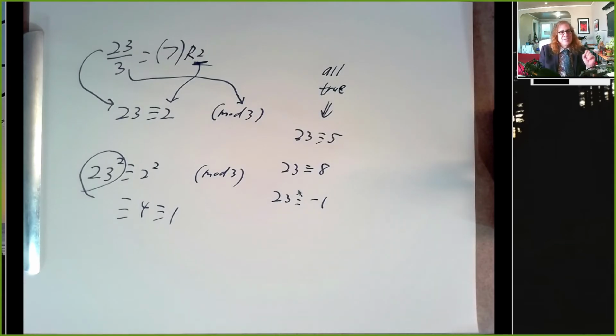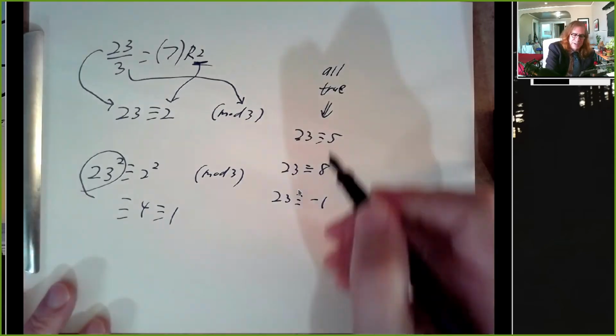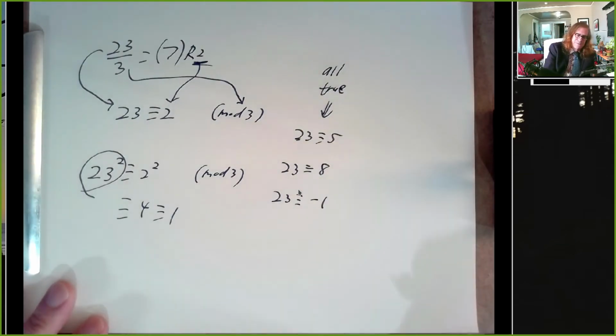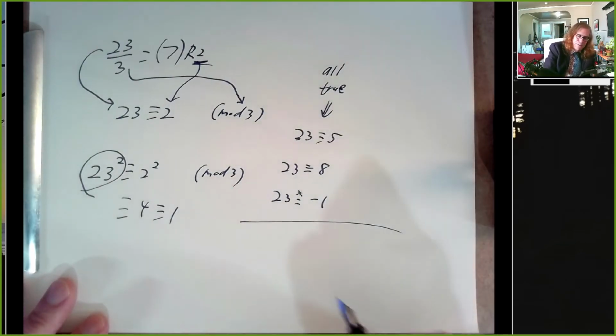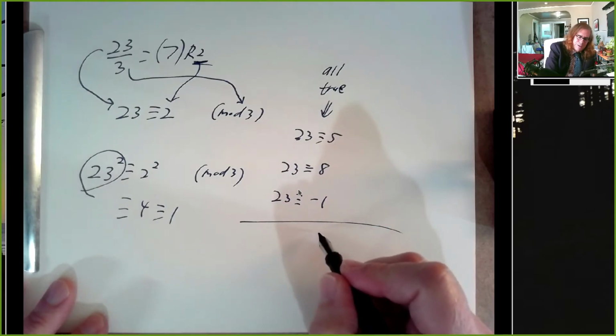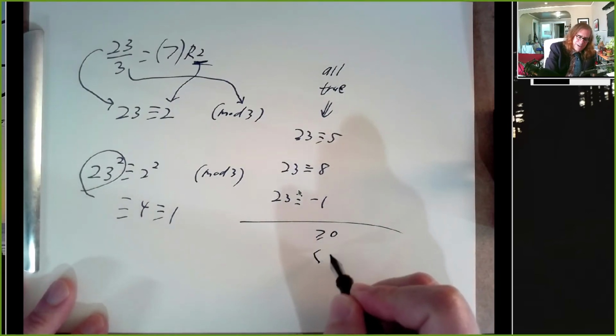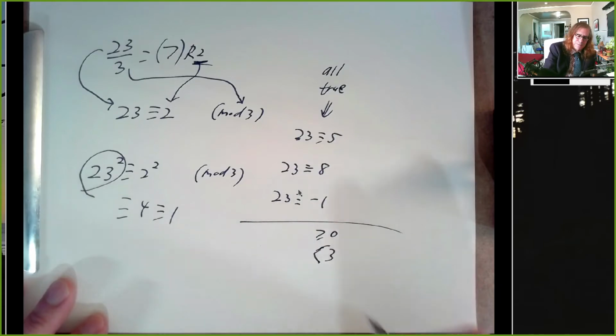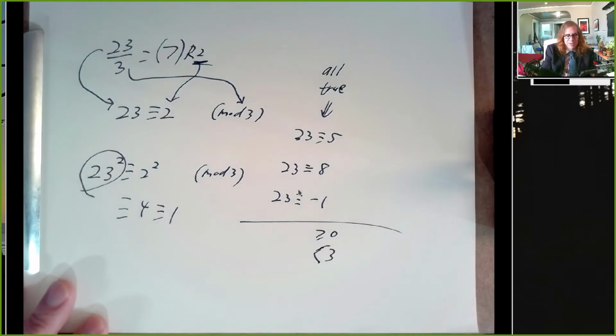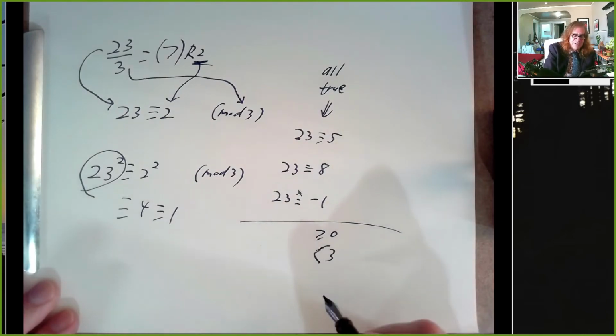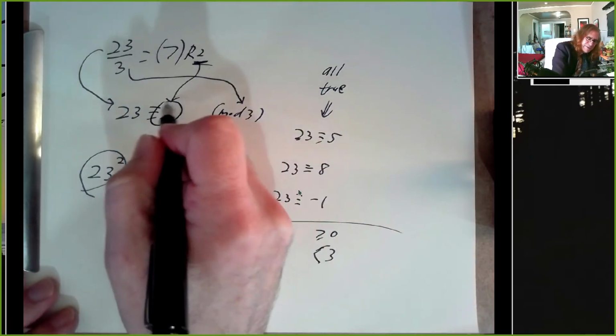But when we're dealing with equivalences, sometimes it's nice to choose exactly one of these, right? The one that we want to choose is some value which is bigger than or equal to 0 and less than, in this case, 3. There's only one value 23 is congruent to that's bigger than or equal to 0 and less than 3, and that's this right here.